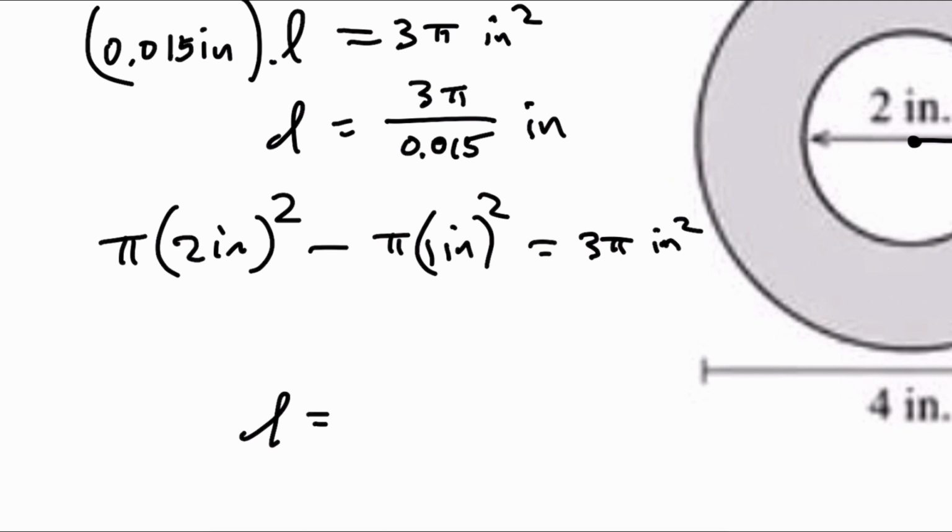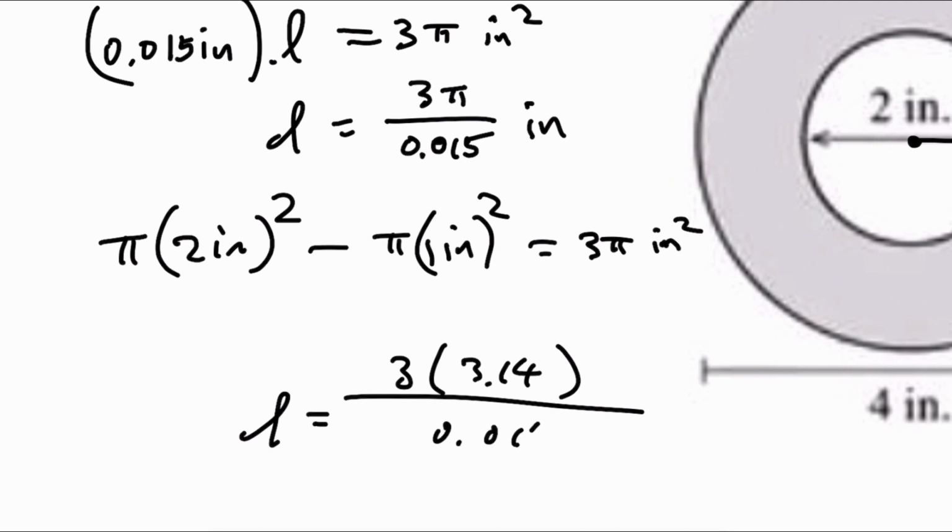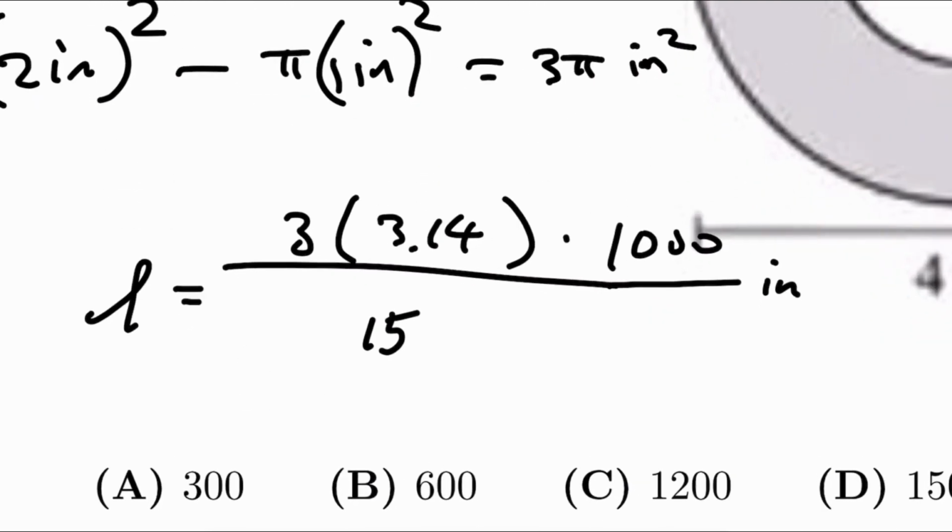Let's take a look over here. That is around 3 times 3.14, that's probably enough digits, divided by 0.015. Moving the decimal point right 3 times gives us 15, and we need to multiply by 1,000. We can cancel out a 5 over here, and cancel out the rest over here.